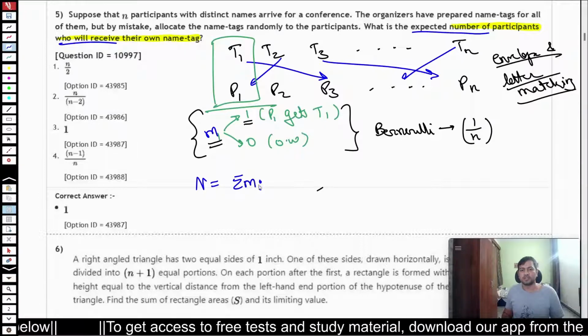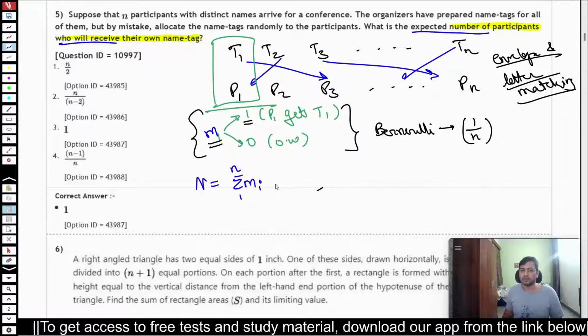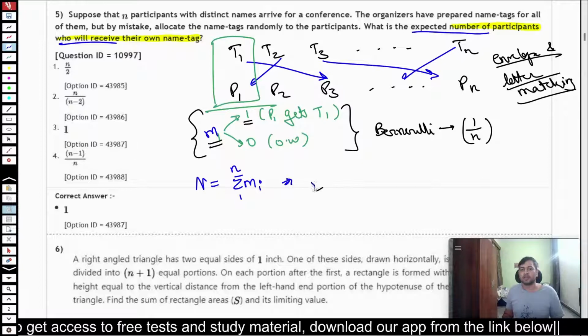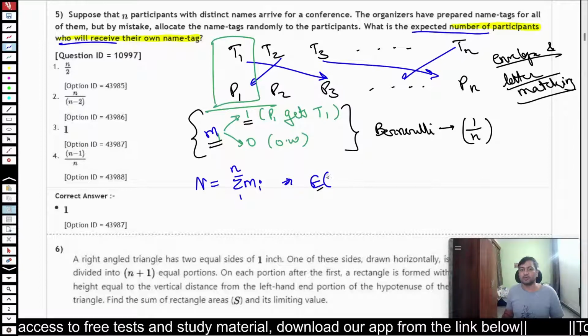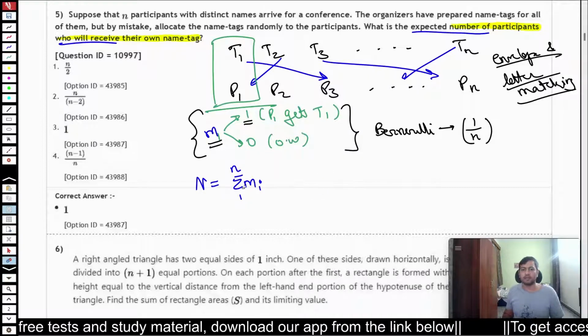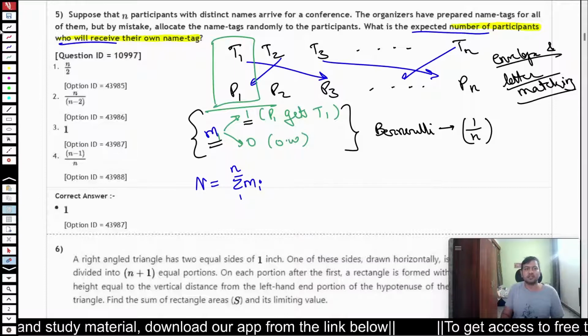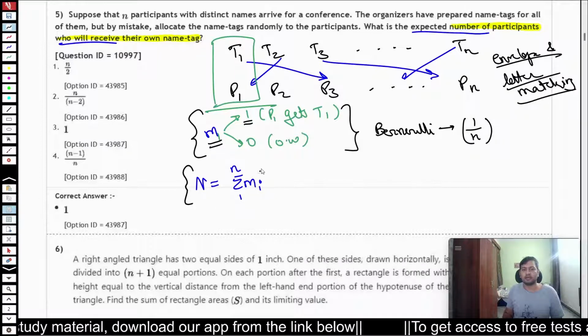So summation of mi going from 1 to n. This implies the expected value of, now what is capital N? Now this is basically a binomial trial.